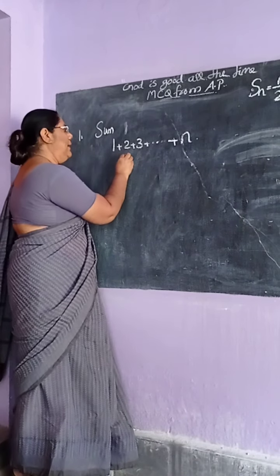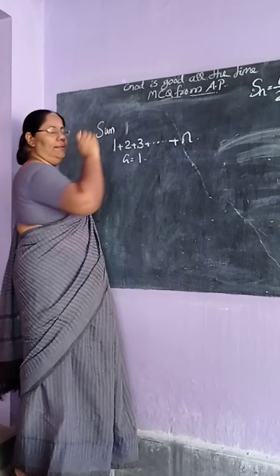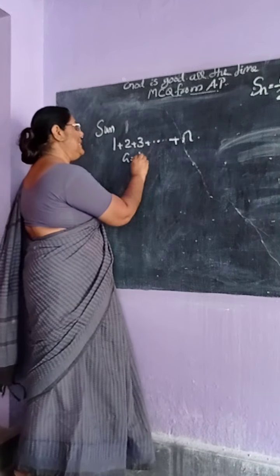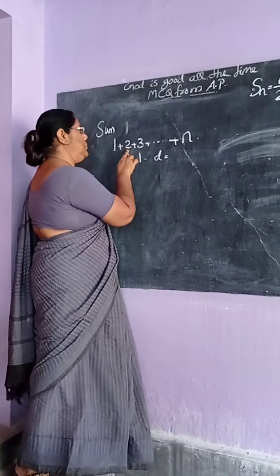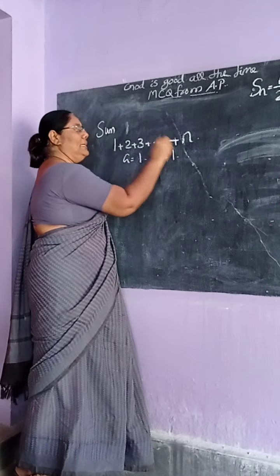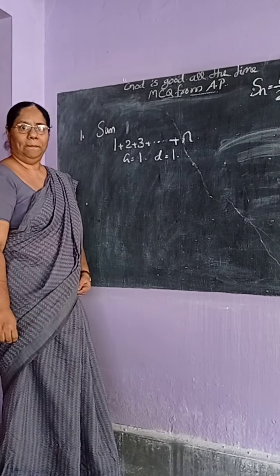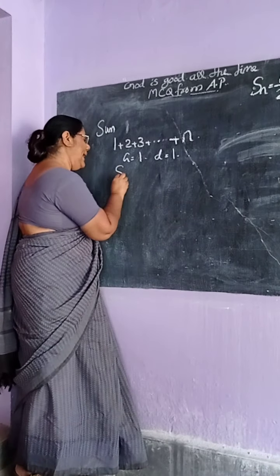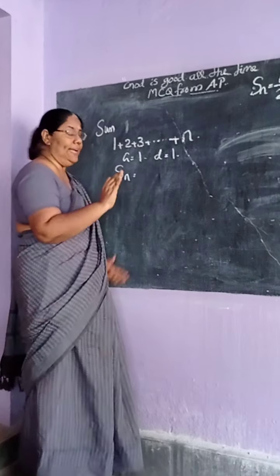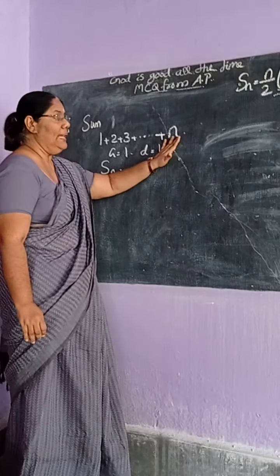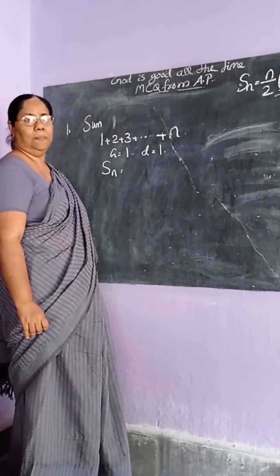Here what is A? A is equal to 1, isn't it? D is equal to 2 minus 1, that is also 1. Then Sn, here the last term is n.